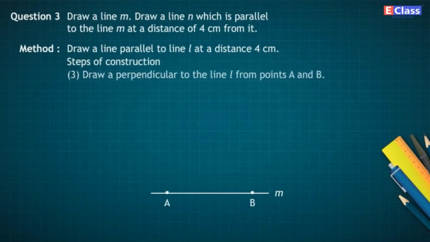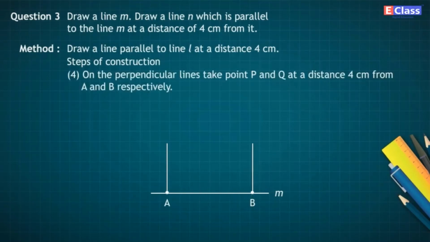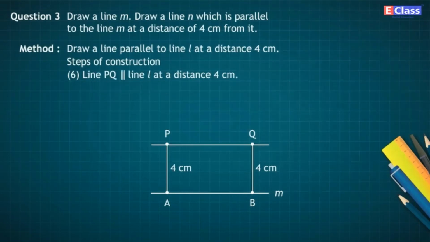Draw a perpendicular to the line L from points A and B. 4. On the perpendicular lines, take points P and Q at a distance of 4 centimeters from A and B respectively. 5. Draw line PQ. 6. Line PQ is parallel to line L at a distance of 4 centimeters.